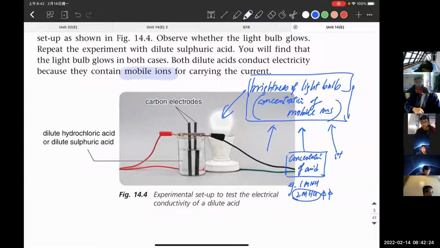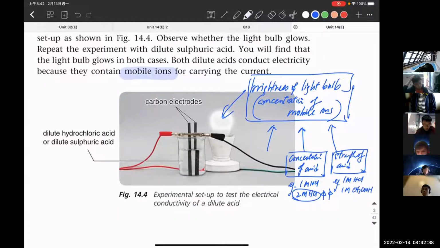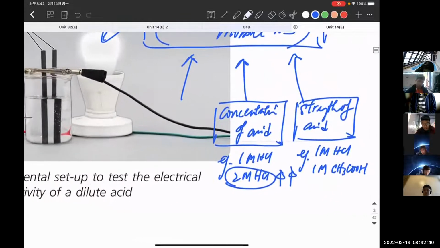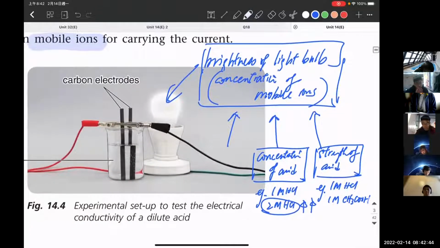Second, strength of acid. For example, 1 molar HCl versus 1 molar CH3COOH. Do you still remember that acid? Which one will cause the light bulb to be brighter?